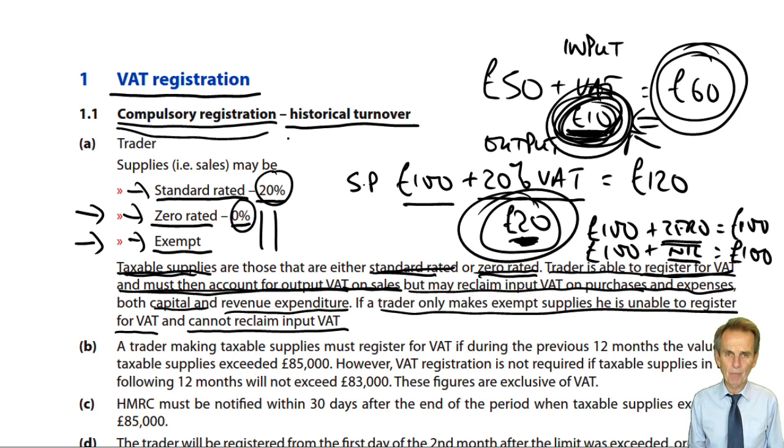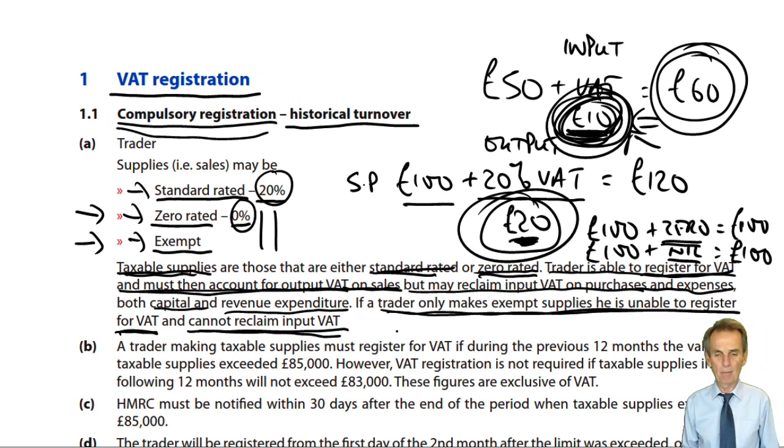If we make exempt supplies, we still suffer the input VAT on what we buy in, but we do not charge VAT on our sale because it's an exempt supply, means we are unable to recover the input VAT. As that says, if a trader only makes exempt supplies, he's unable to register for VAT and cannot reclaim input VAT.